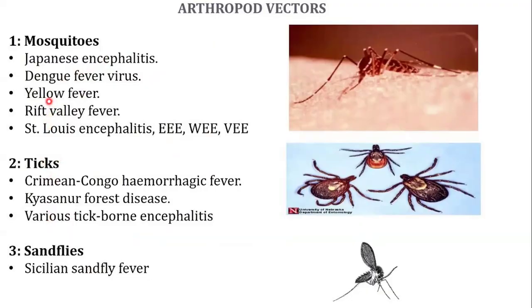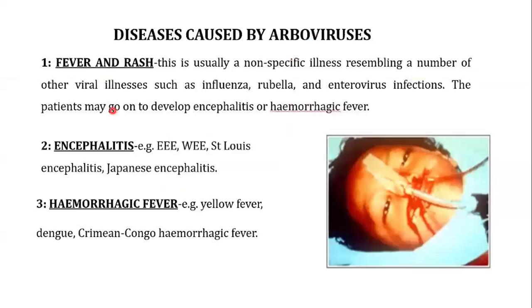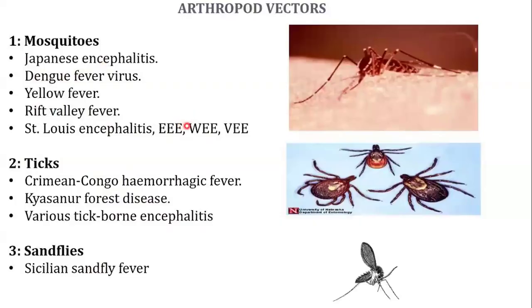So mosquitoes, we have different types of mosquitoes that give off different types of viruses. So we have Japanese encephalitis, dengue fever, yellow fever, Rift Valley fever, St. Louis encephalitis. And then we also have EEE, WEE, VEE.